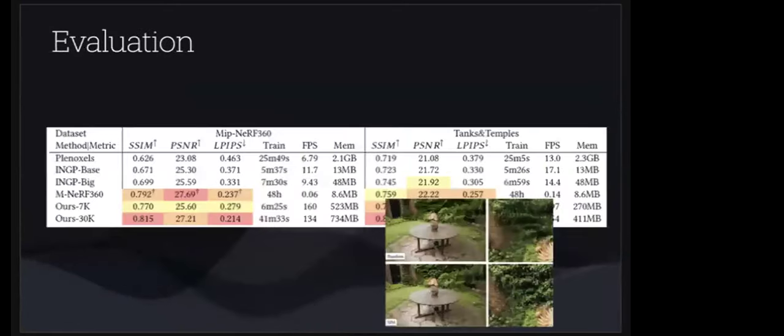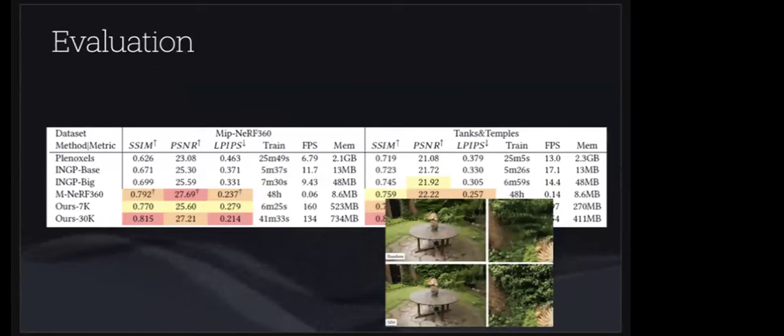So I'll go over the evaluation metrics in this case. As you can see from their results at 7K and 30K, on all three evaluation metrics they have used, it's the best among all the other methods present right now.